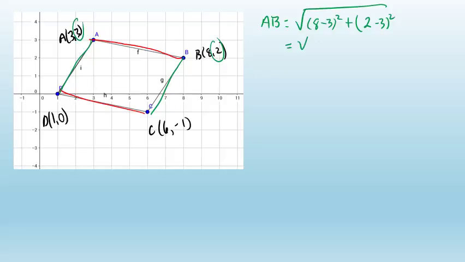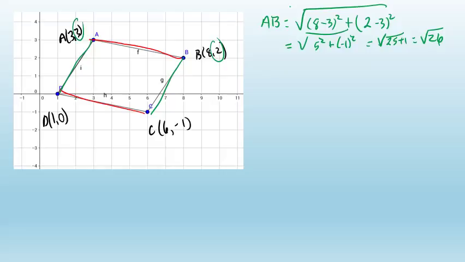Okay, so 8 minus 3 is 5, so then we'd have 5 squared, plus 2 minus 3 is negative 1 squared. 5 squared is 25, and negative 1 squared is 1, so we've got 25 plus 1, or the square root of 26.